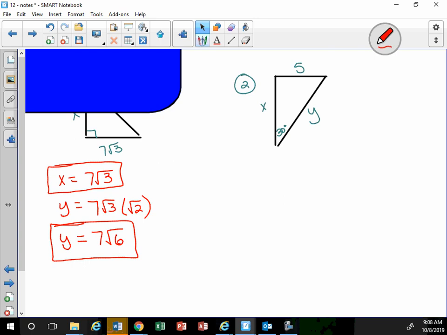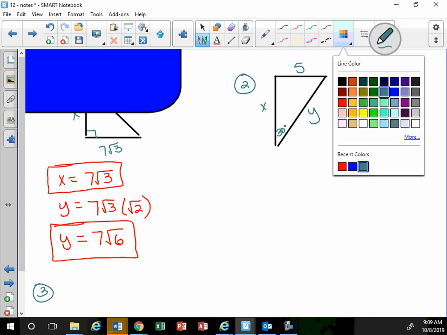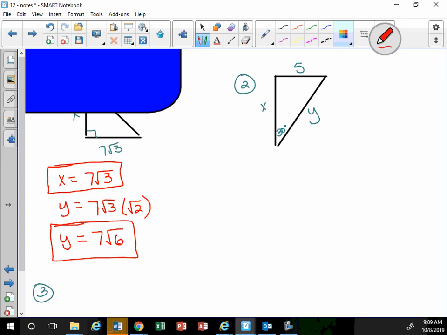All right, second one here. I want you to write it down. If you're struggling at all when we're going through this, please take the time to label the sides like short leg, long leg, hypotenuse.